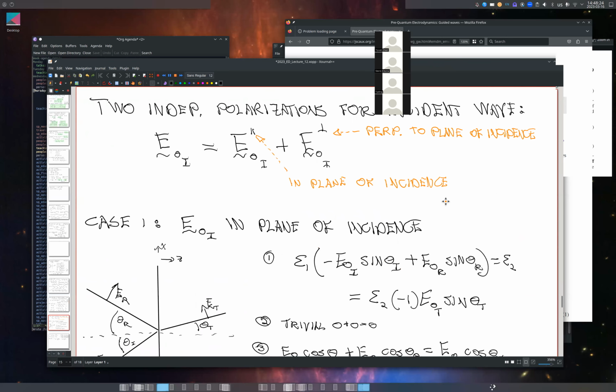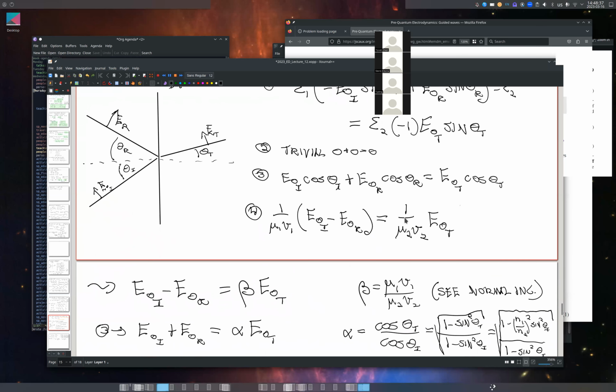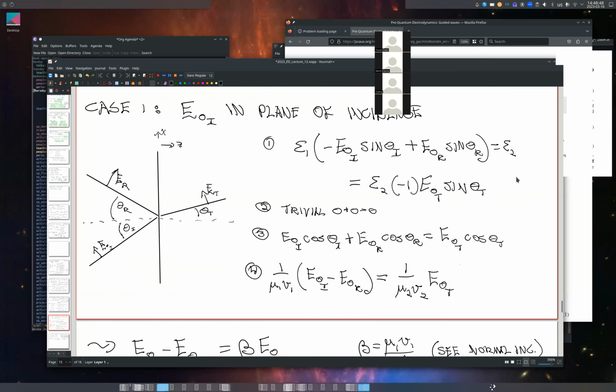And then these ratios here give you the same relationship. So equation 4 is the same as equation 1. And the one that is non-trivial that we just write here is the third equation. So the only important equations here really are equation 1 and equation 3, and the other two are either trivial or redundant.